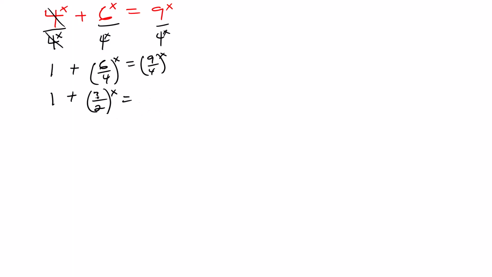We know 3 squared is 9, and 2 squared is 4. We are doing that with the idea to get a common term here. So we have 3 squared, which is 9, and 2 squared, which is 4.